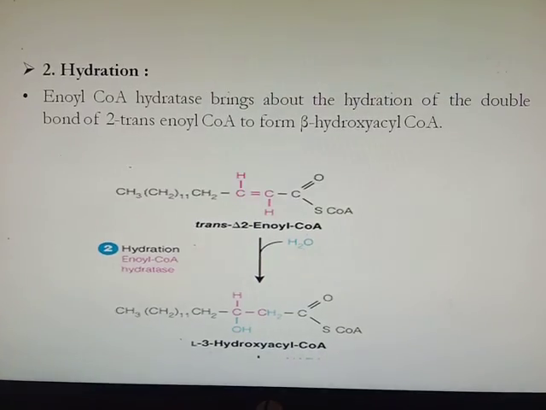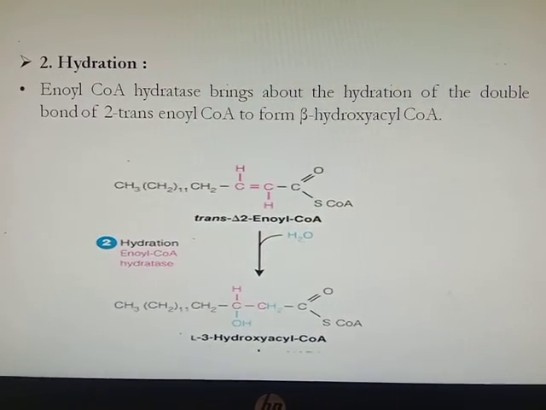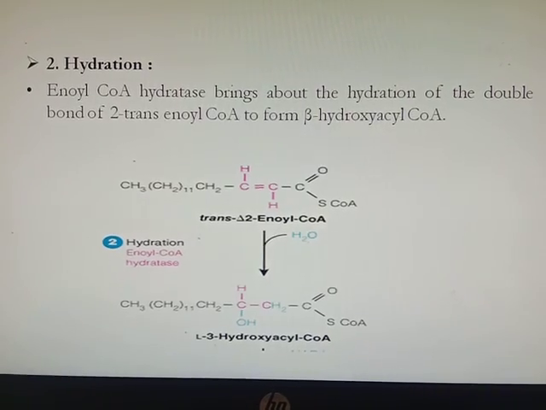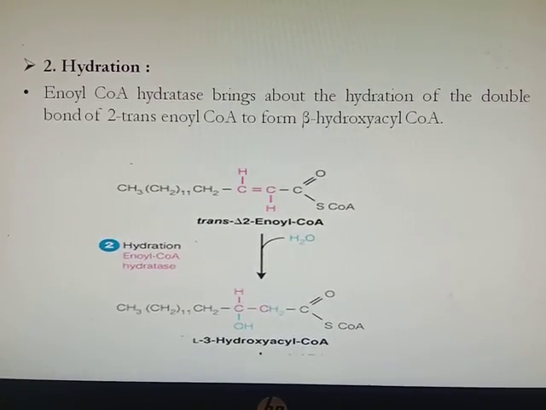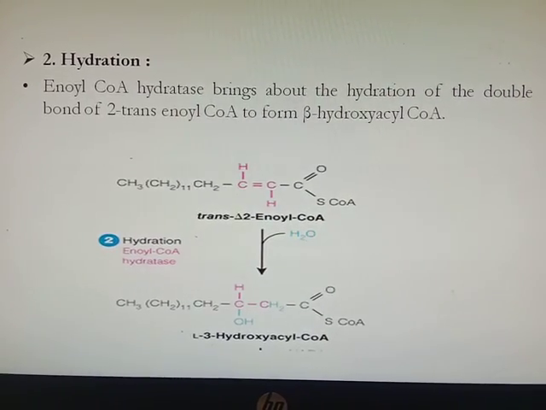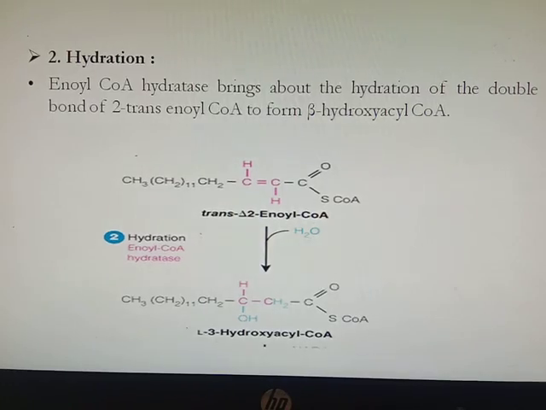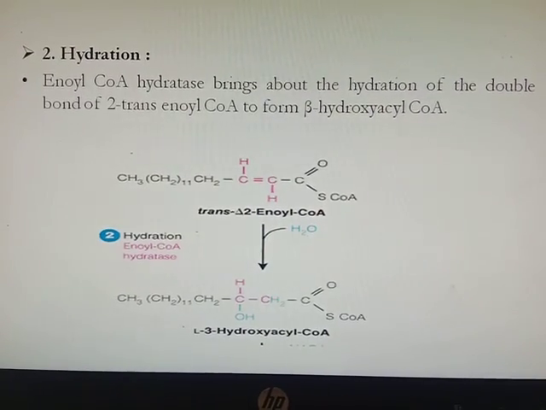Then the next step is hydration. The enoyl coenzyme A hydratase brings about the hydration of the double bond of trans 2-enoyl coenzyme A to form beta hydroxy acyl coenzyme A. Now in the second reaction, hydration takes place, and a water molecule is added.